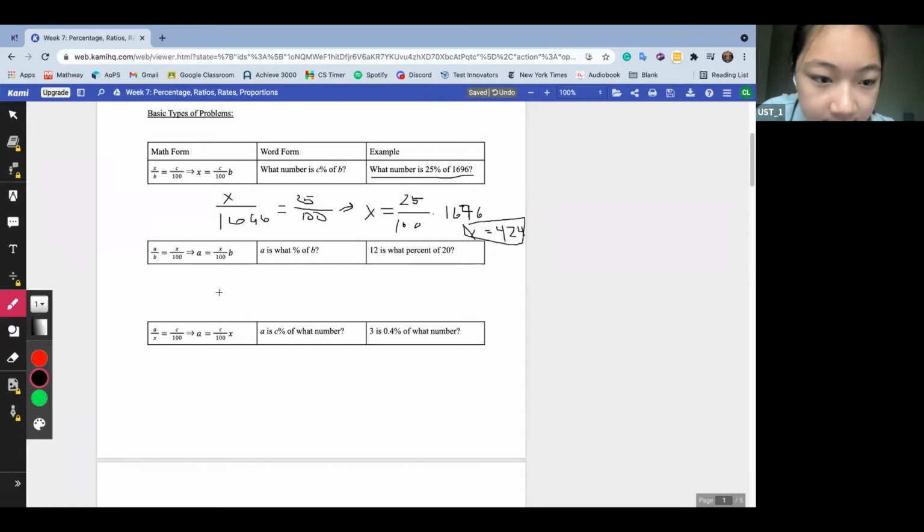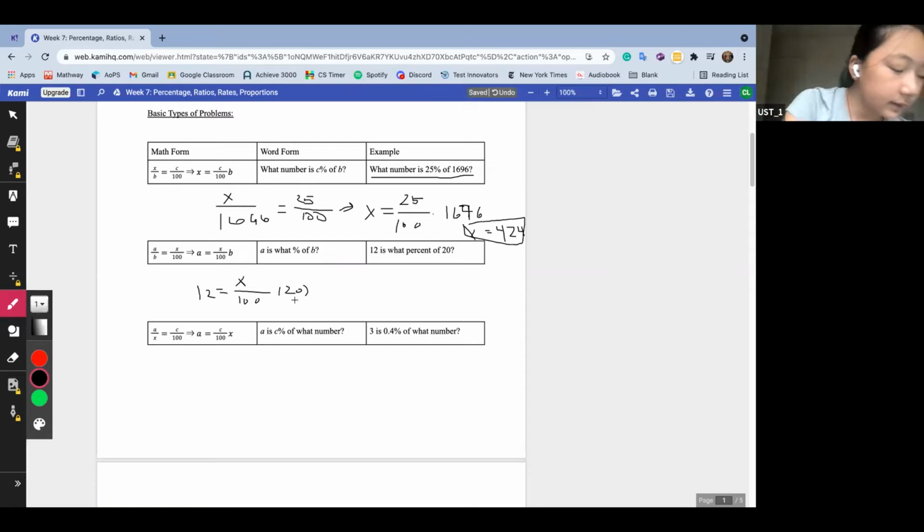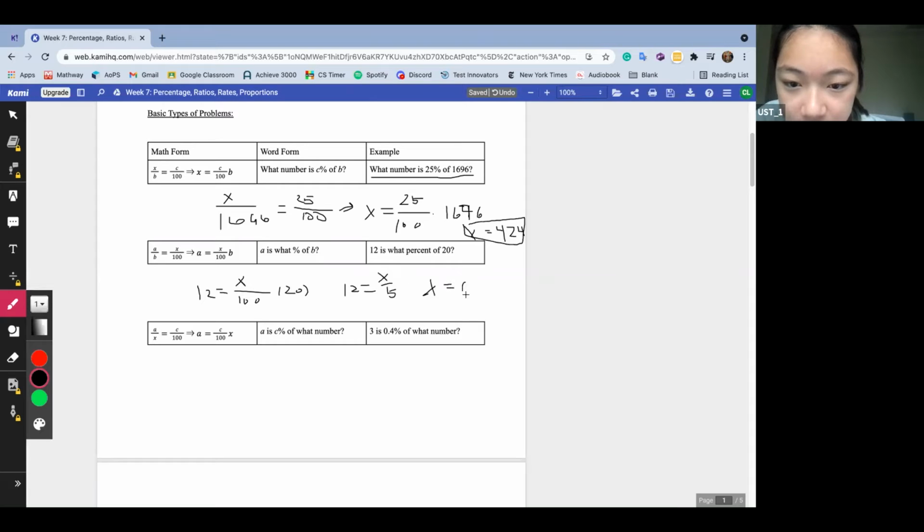A is going to be 12. 12 equals X over 100 times 20. And here we can solve this equation. So we'll get 12 equals X over 5, multiply both sides by 5, and you'll get X equals 60.